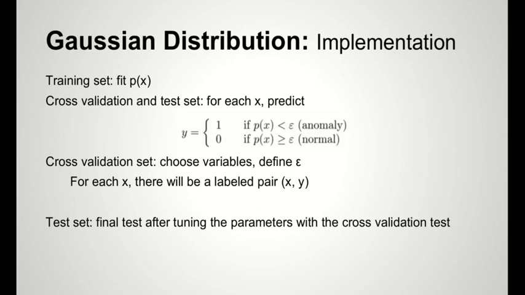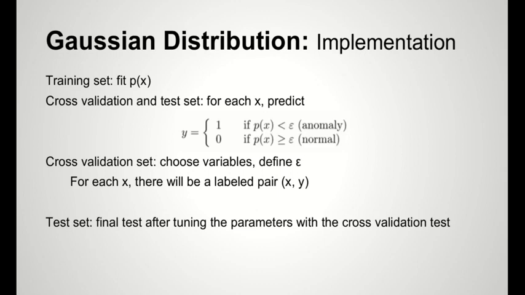So let's discuss now how we would distribute our data into those three subsets I talked about. Let's assume we have labeled data, which means that for a given x, we know if y is equal to 0, which would mean that the sample is normal, and for a given x, we also know if y is equal to 1, which would mean that it is an anomalous sample.